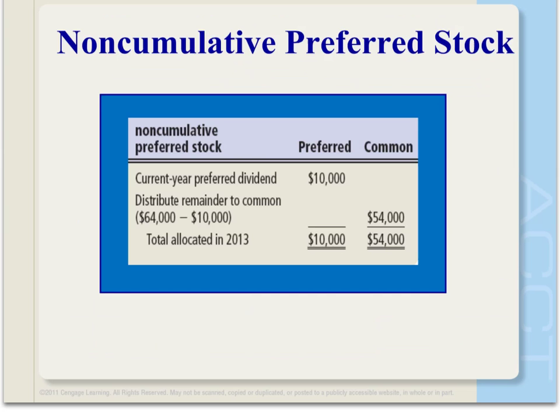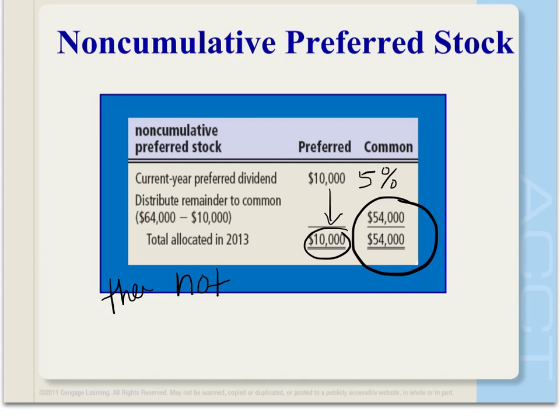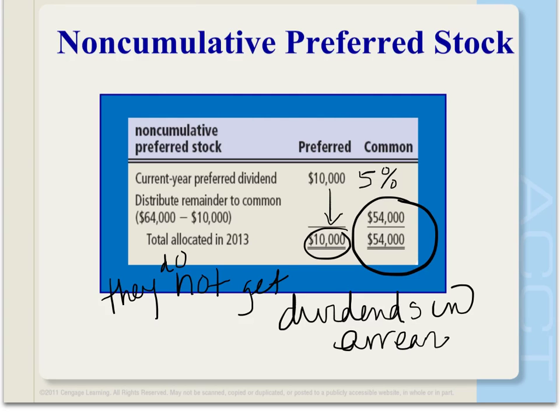If we were non-cumulative preferred shareholders with the same 5% dividend, you can see here that the common shareholders would have gotten $54,000, where the preferred shareholders only got $10,000 because they do not get dividends in arrears. So now I'm going to do a sample problem for you in a moment.